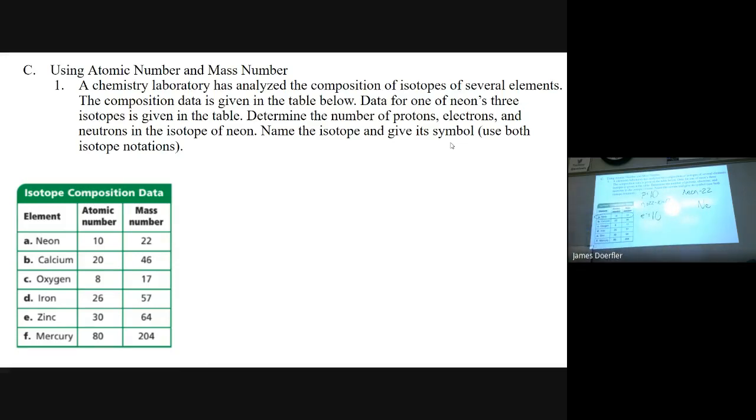Now, since we're doing the element symbol version, what 2 other bits of information do we have to include here? The atomic number, the atomic mass. Okay? So let's go with the atomic mass. Where do I place the atomic mass in this form? Under Ne? Not under Ne. Top left. 22 goes up top left.